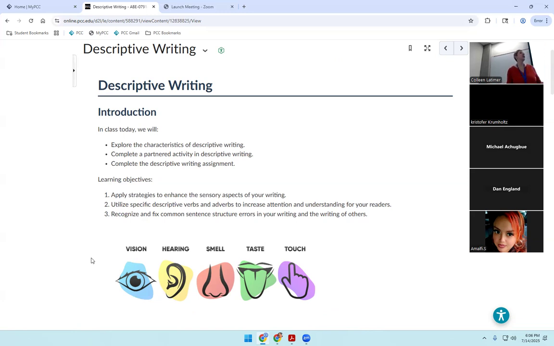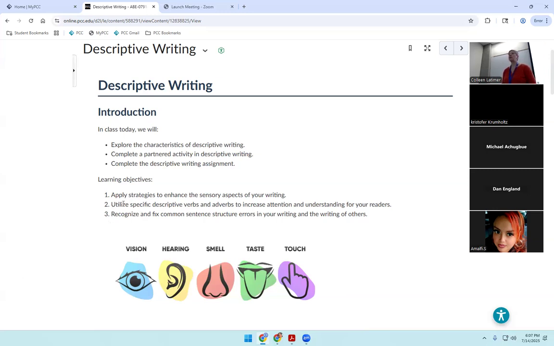Sometimes when we describe something, we might be able to find words for all of those senses. Sometimes we can't. We might only have 2 or even 3 different senses that may be appropriate for what we're describing, but it's good to keep those in mind as we want to really take our readers there to wherever we're describing so that they can feel it and sense being there.